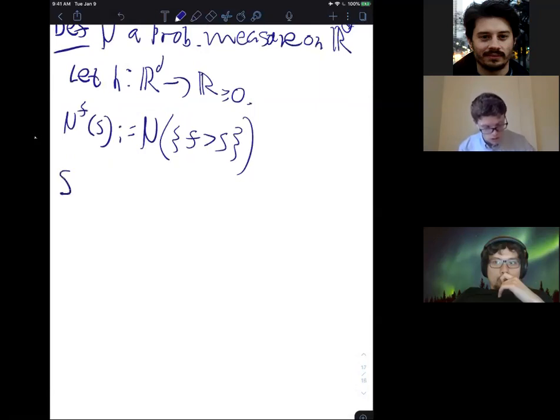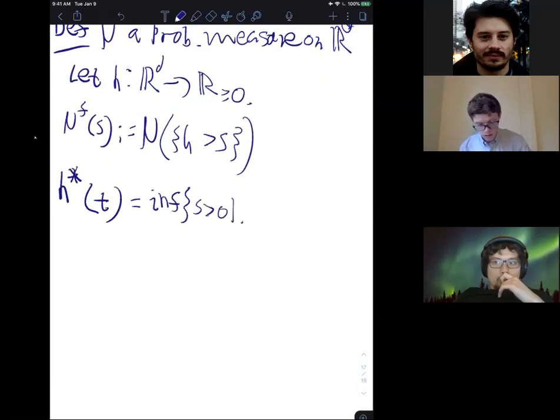Oh, this is an f, I'm using an h. Sorry. Okay, then we define the decreasing rearrangement, h star of t, as the inf of the set of s greater than 0 such that mu_h of s is less than or equal to t.